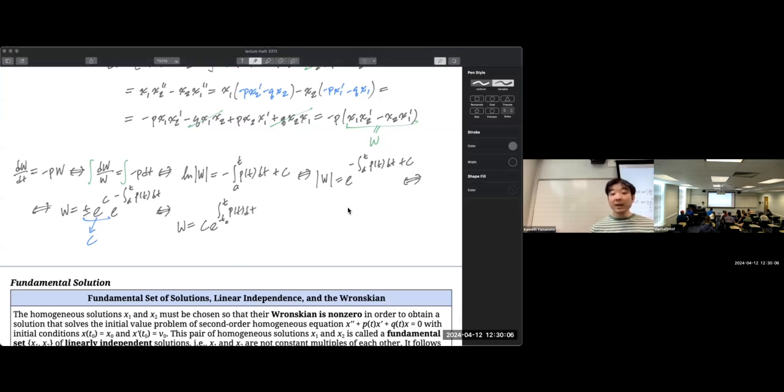Now, if you plug in the initial condition where t is equal to t naught, then you'll end up getting that the Wronskian at t naught is equal to c e to the, that's like plugging in this t as t naught.